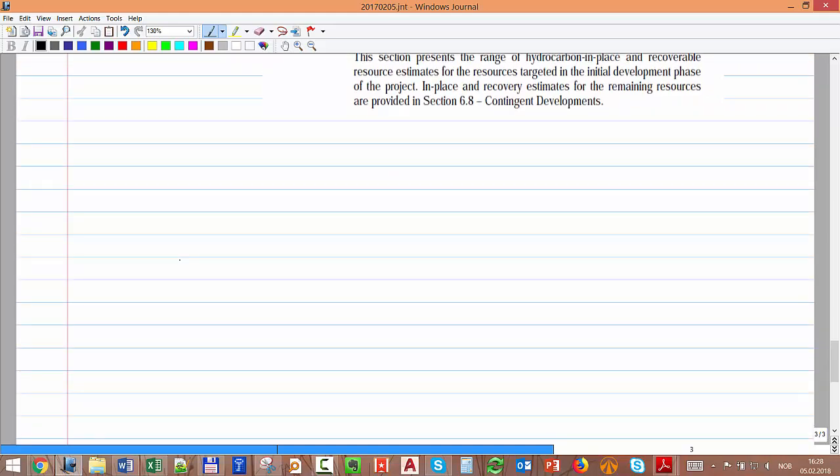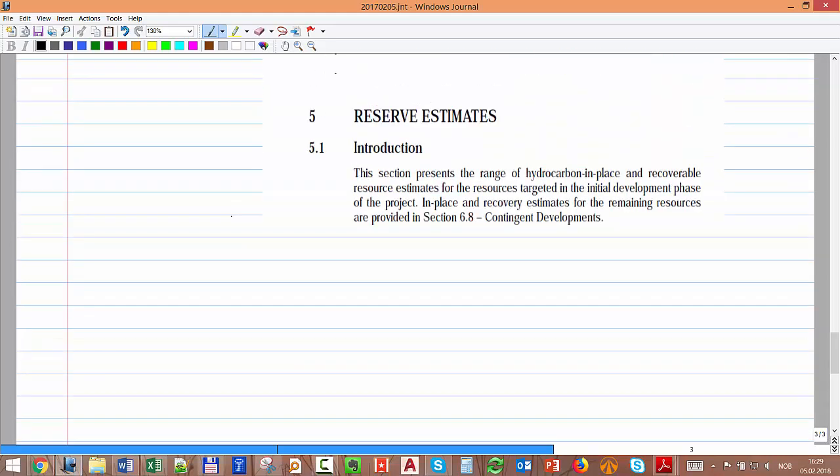I discussed last class that we usually don't have just one unique value of a parameter or a variable. We have maybe a range. Let's talk specifically. To calculate, first, which letter do we use for hydrocarbon in place?